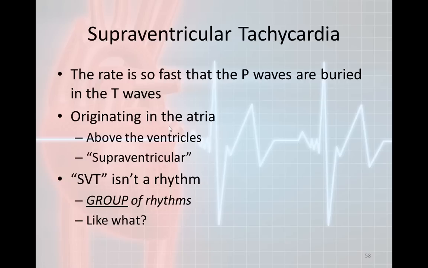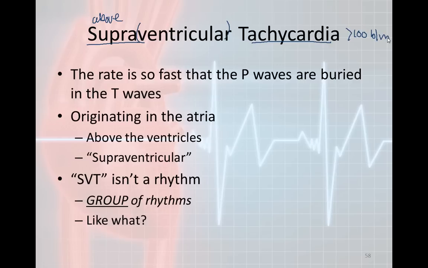If you think about breaking this down, supra means above, right? Ventricular, hopefully you know what that is. Any rhythm that is tachycardic is greater than 100 beats per minute. Think about it: slow VTAC is over 100 beats a minute.